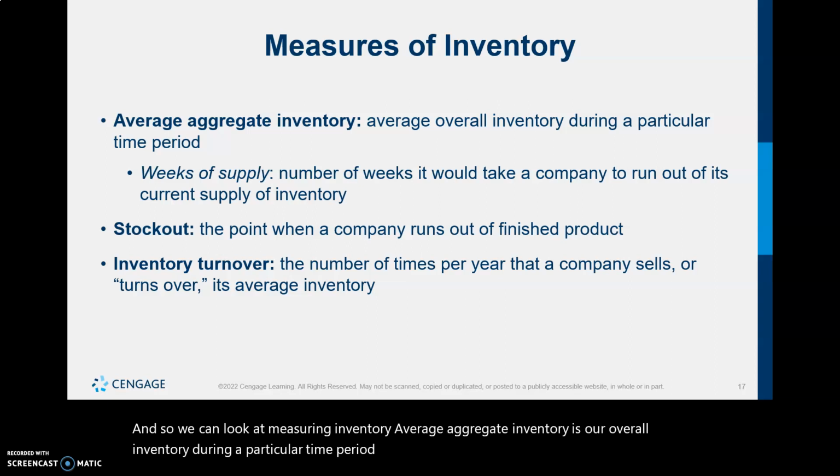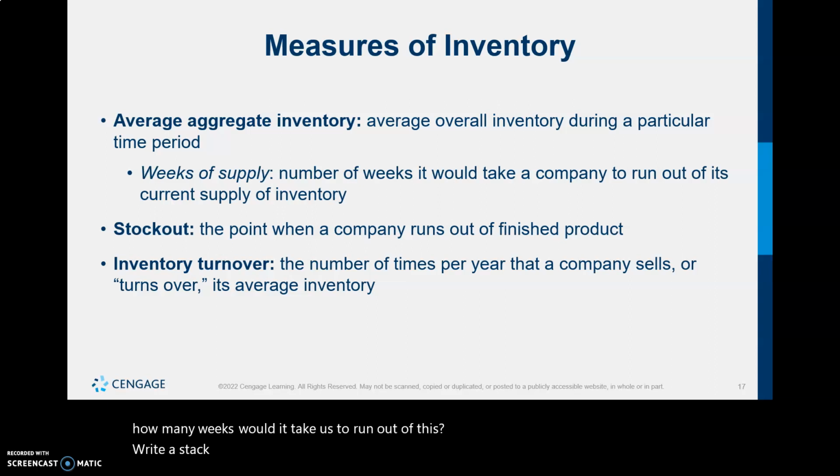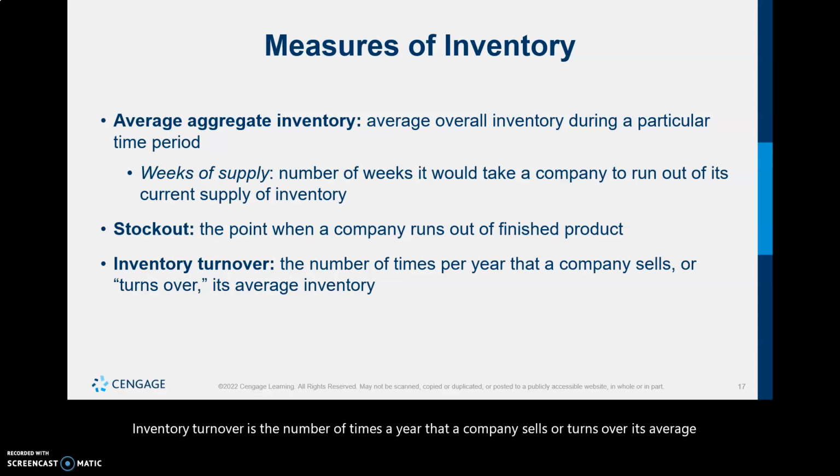A lot of times we might say how many weeks would it take us to run out of this. A stock out is basically just when we run out of finished products. Inventory turnover is the number of times a year that a company sells or turns over its average inventory. So that's a third measure of inventory.